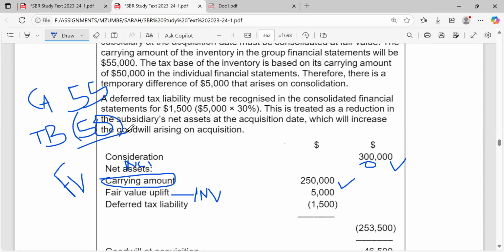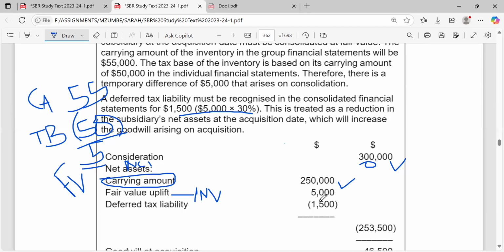And 5 is the temporary difference, which is taxable because the carrying amount of an asset exceeds the tax base. You have a taxable temporary difference. Since this is taxable, you multiply it by the tax rate of 30%, like you see here, and you get 1,500, which is a deferred tax liability. So you would credit a deferred tax liability, and then you debit the net assets.